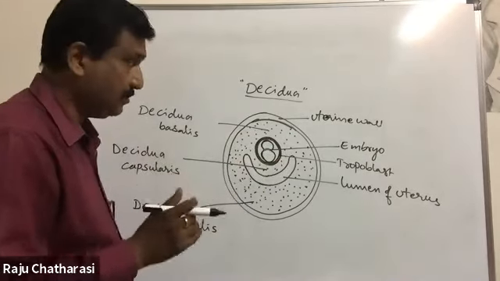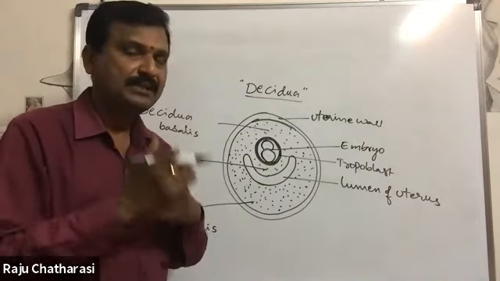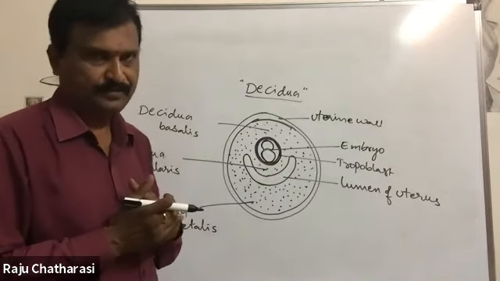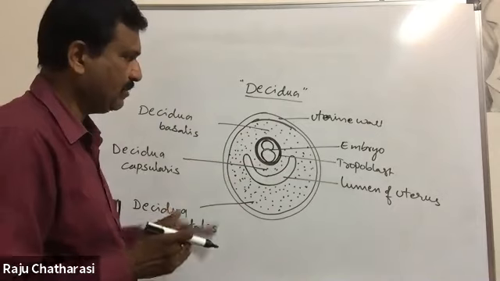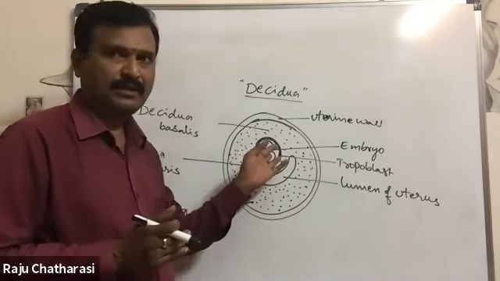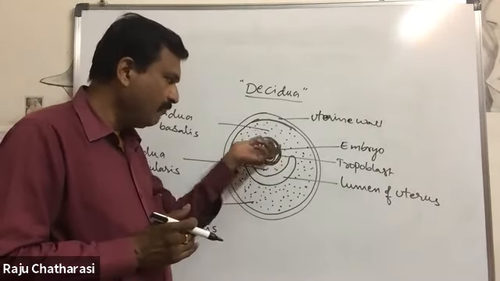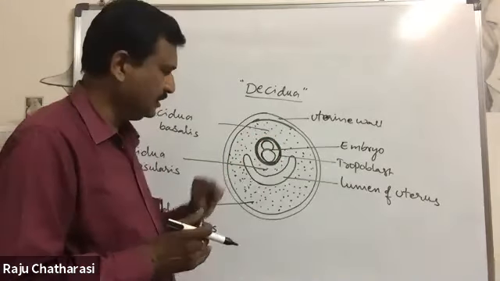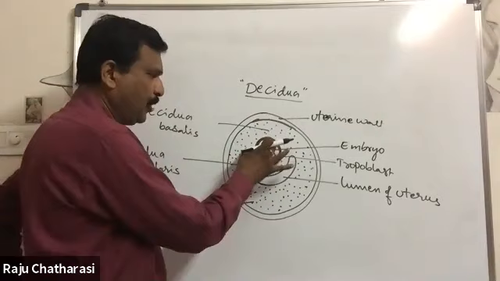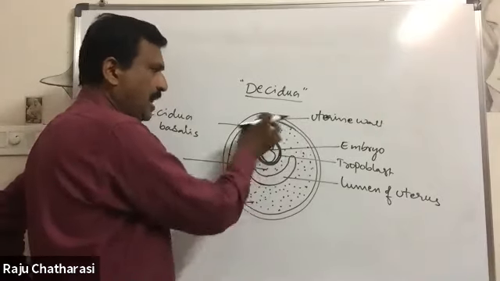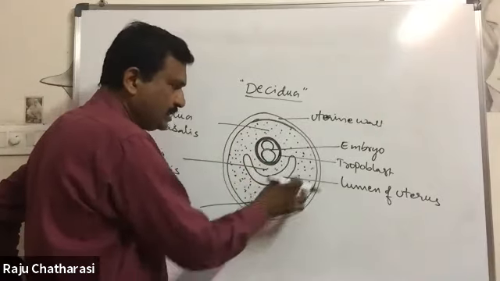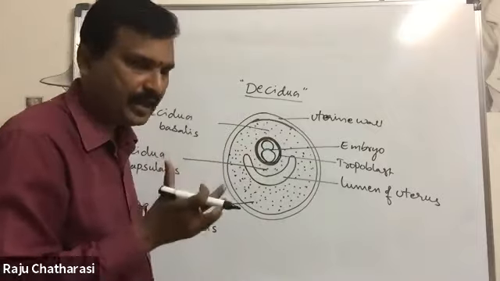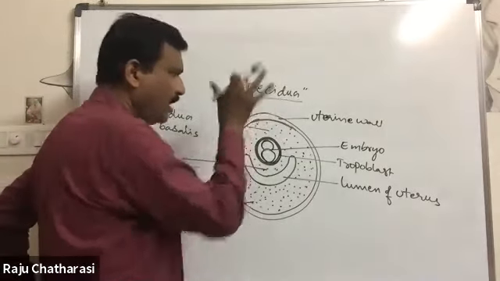At early stage, before formation of extra embryonic membranes, that is why I am not explaining about amnion and yolk sac. Before complete formation of these two extra embryonic layers, the embryo is surrounded by a highly vascularized spongy layer called decidua.